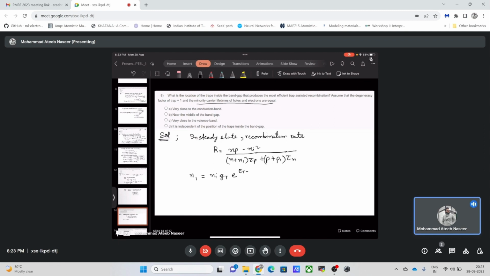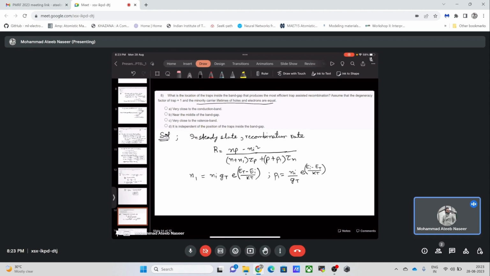Et is the trap level and Ei is the intrinsic level. And p1 is simply (ni/gt) times exponential of (Ei − Et)/kT.